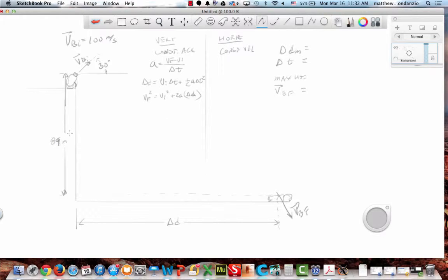Okay. What equation do I have for horizontal velocity, or excuse me, for horizontal constant velocity? I've just got one, don't I? Velocity equals delta distance over delta t, or let's say our distance final minus distance initial over delta t, correct?